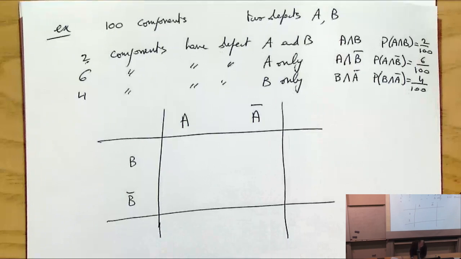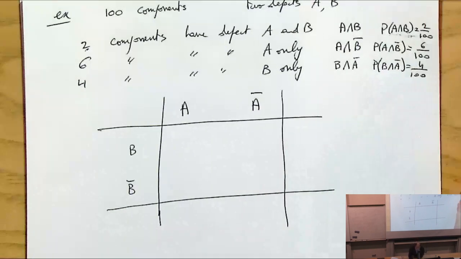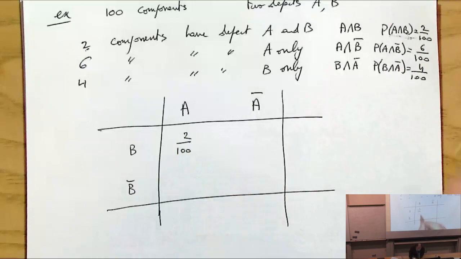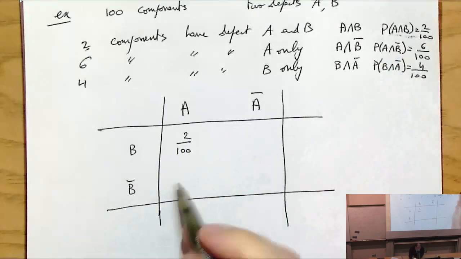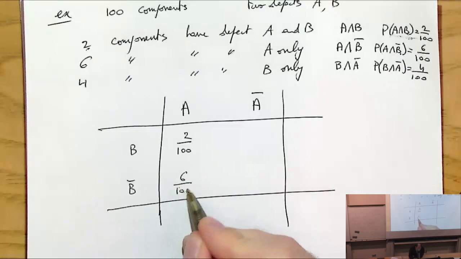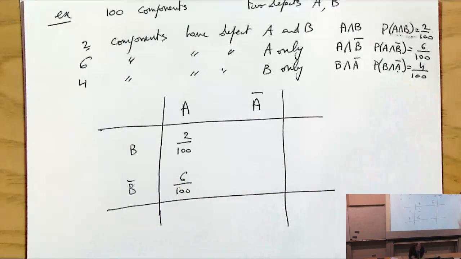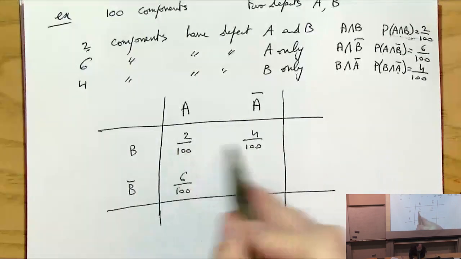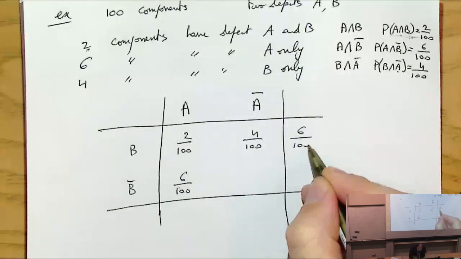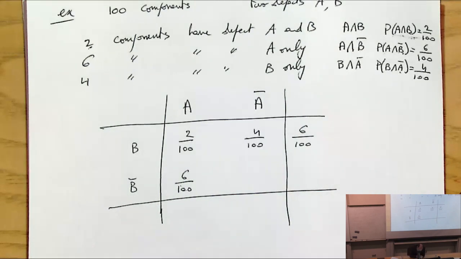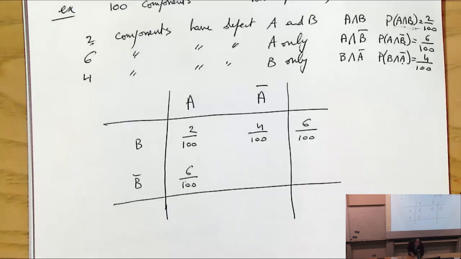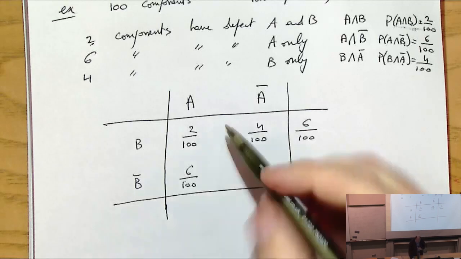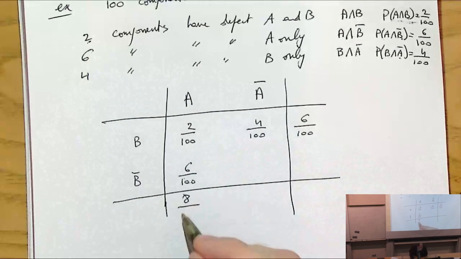And what can I write? P of A and B is 2 out of 100. P of A and not B is 6 out of 100. P of B and not A is 4 out of 100. Right, so what we can do is that the sum of those 2 gives me 6 out of 100. This is the probability of having B occurring. Again, the sum of the first 2 here, that's 8 out of 100.